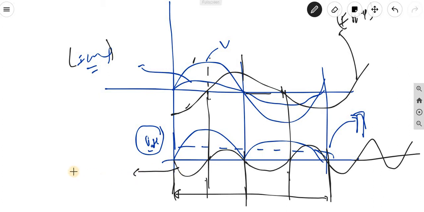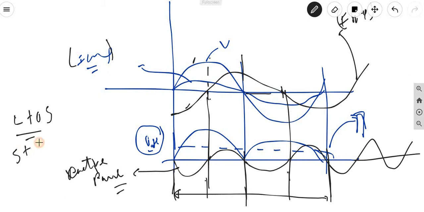This is reactive power. So how does it flow? Negative means what, and positive means what? Negative means load to source, and positive means source to load.